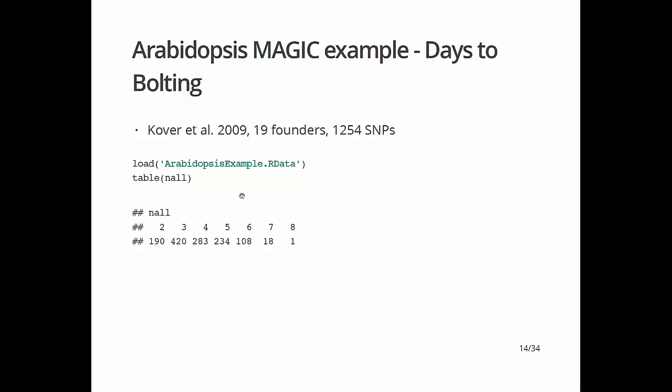And so that was from the Arabidopsis MAGIC population, 19 founders, 1,254 SNPs. And I've already gone ahead and grouped the alleles according to one of the schemes I presented on Tuesday. So this vector of the number of alleles is the number of alleles at each marker for this grouped model.